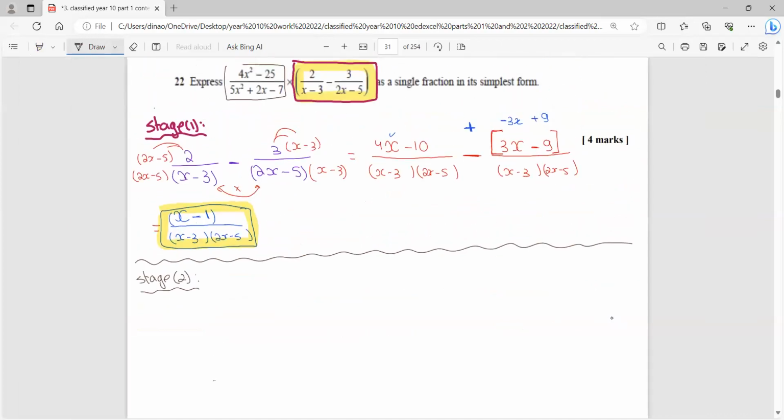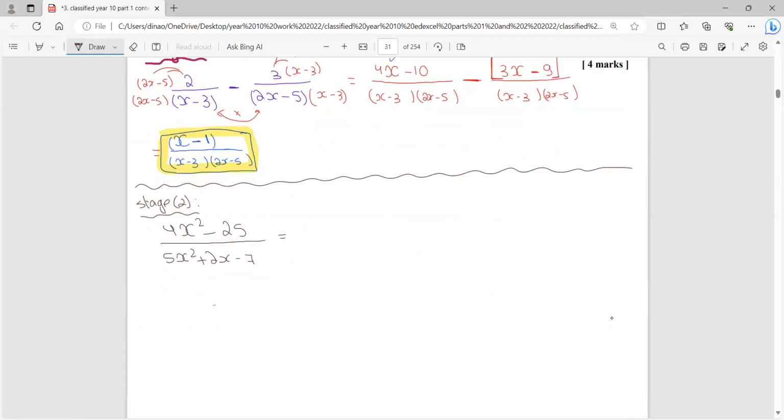So stage number 2 is working on the first fraction, which is 4x squared minus 25 over 5x squared plus 2x minus 7. Let me just make sure the numbers are written correctly: 4x squared minus 25 over 5x squared plus 2x minus 7.